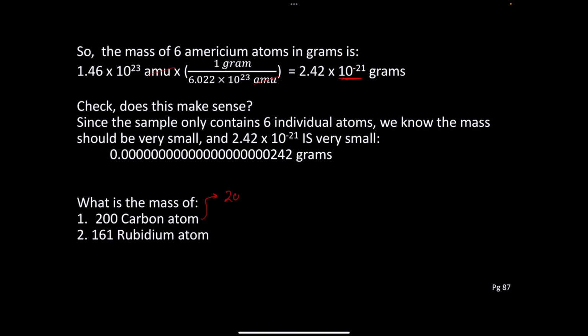If I have 200 carbon atoms, I'm going to show you a shortcut, because we've been using the atomic mass units to grams conversion, so atoms to atomic mass units to grams. Basically, I know that 1 mole of carbon atoms is 6.022 times 10 to the 23rd atoms, that's Avogadro's number, in 1 mole, right?